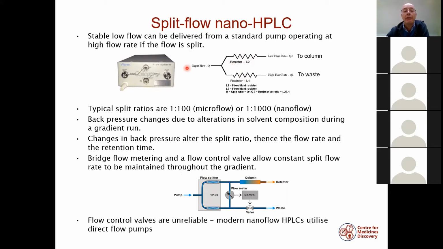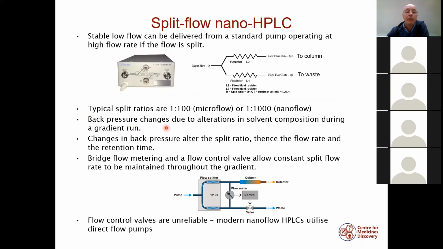So we start with a high flow rate and very little ripple. We split that flow, so it may be split from 1 to 100 or 1 to 1,000. And so 1%, if it's 1 to 100 split, 1% of your flow will go onto the column, and the other 99% of flow will go to waste.